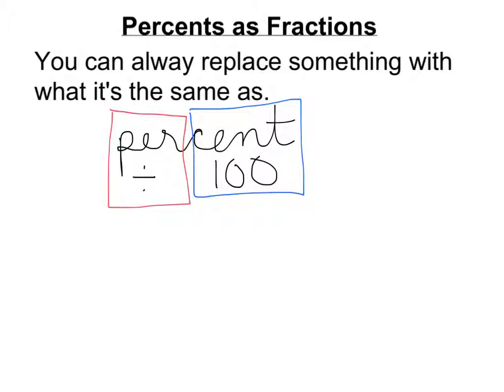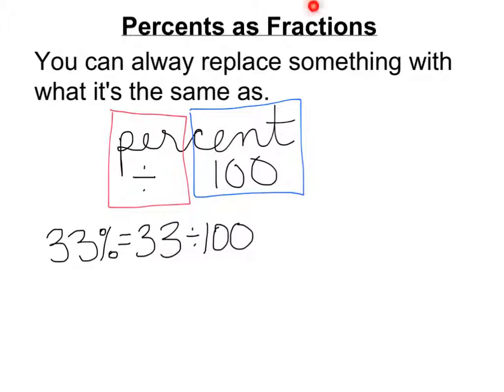So for example, if we have 33%, I can rewrite this by replacing percent with what it's the same as. So 33 is still 33, but instead of the percent sign, we're going to replace it with divide by 100.